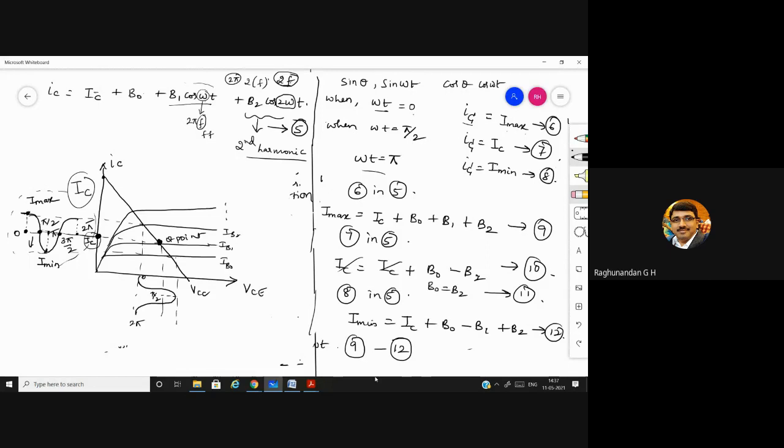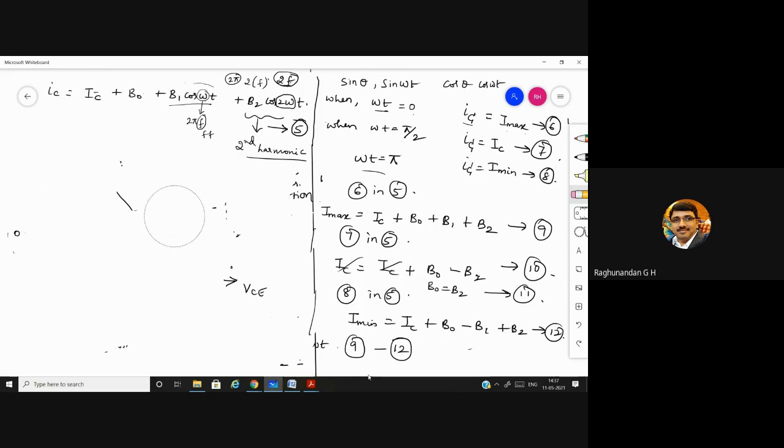So subtract these two. Let's see what we are going to get. We get 2B1. So rearranging, Imax minus Imin equals 2B1.